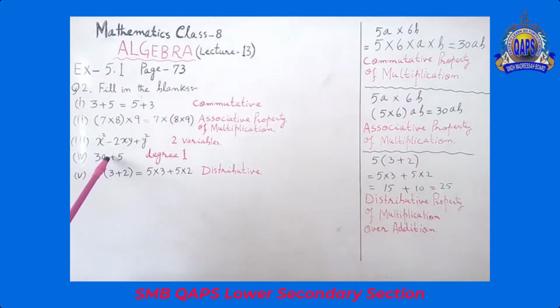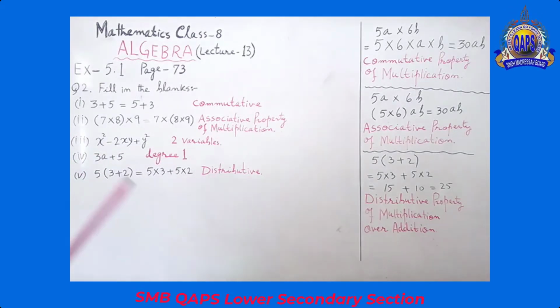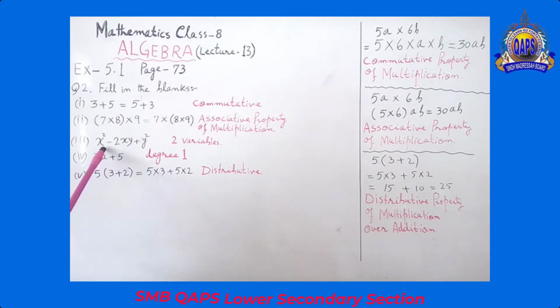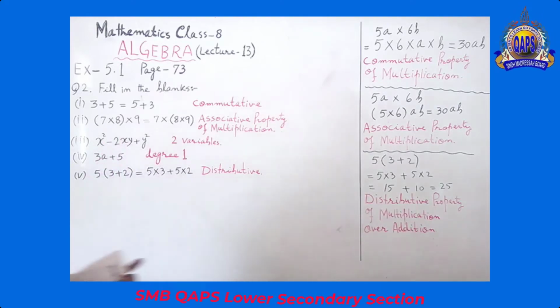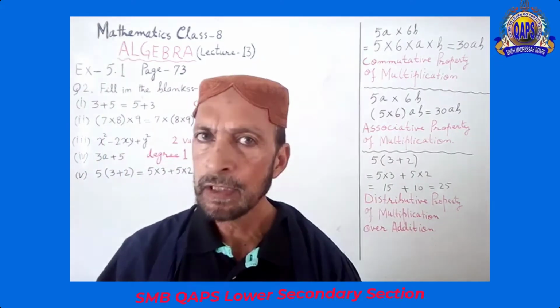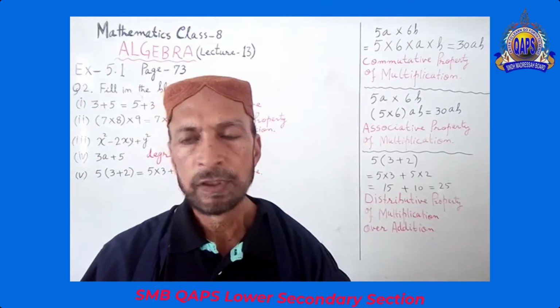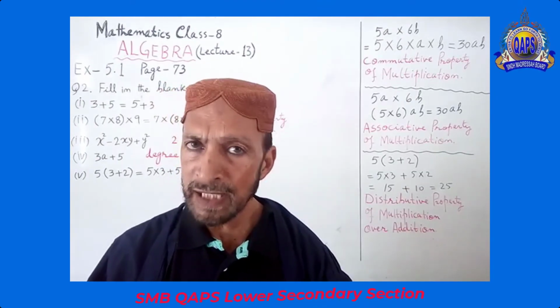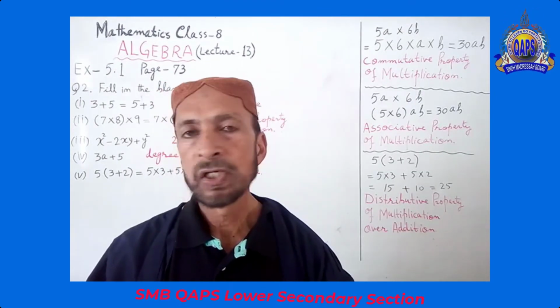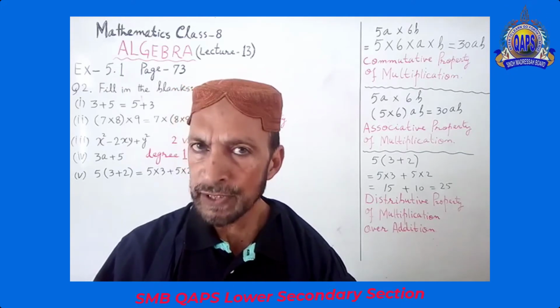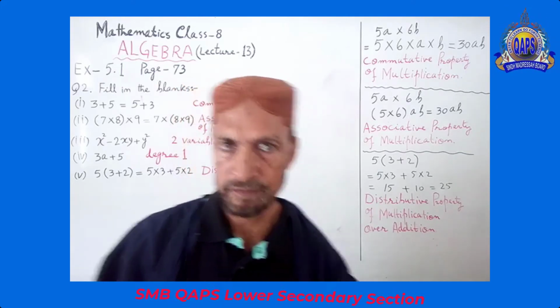So 3a power 1. All power is 1. You see, 3 power 1, a power 1, 5 power 1. When we check degree, we check power. So the power is 1. That's why degree 1. This is the answer.